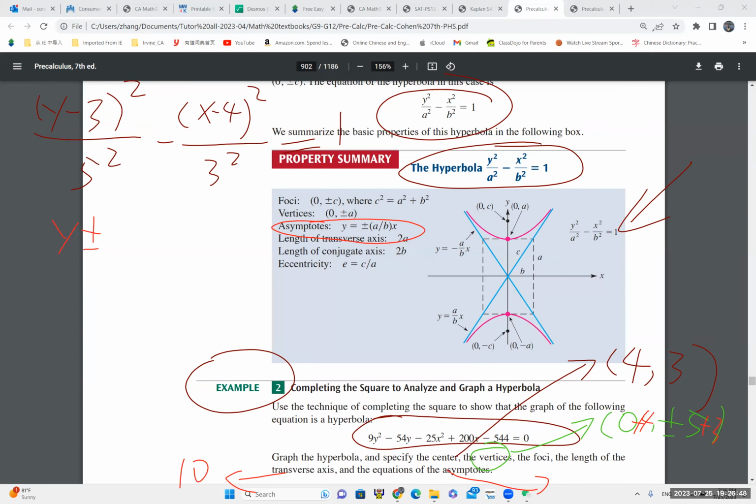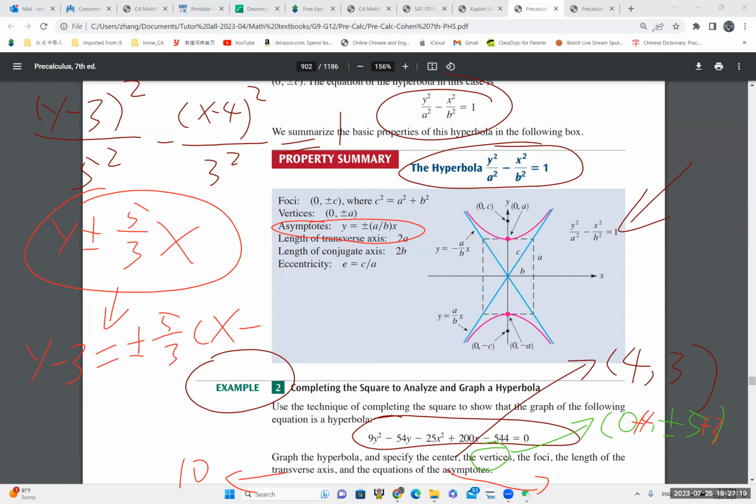So a is 5, b is 3, right? But we need to translate this to get y minus 3 equals positive or negative 5 over 3 times x minus 4, right? Then we make sure the center is on the asymptote, correct?